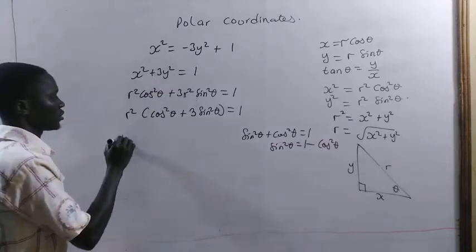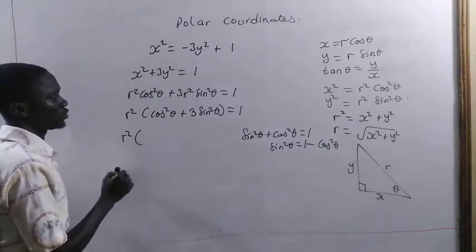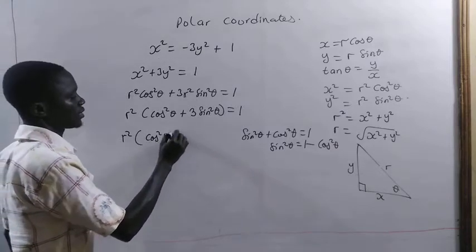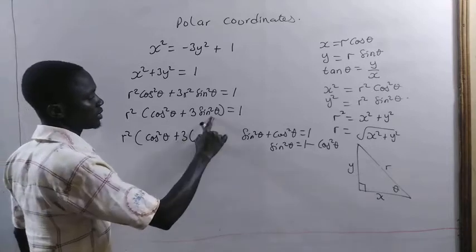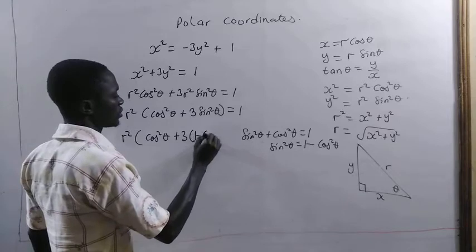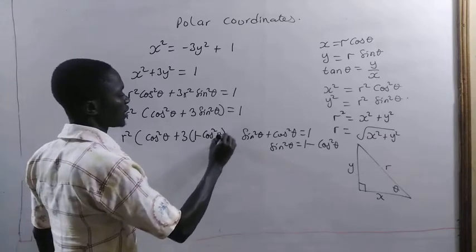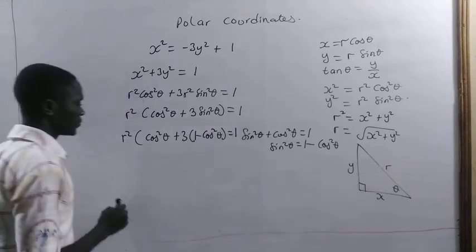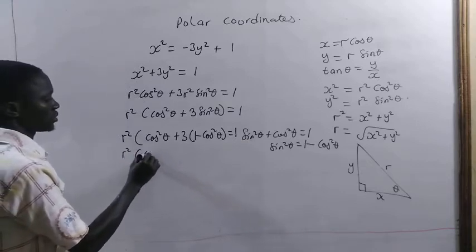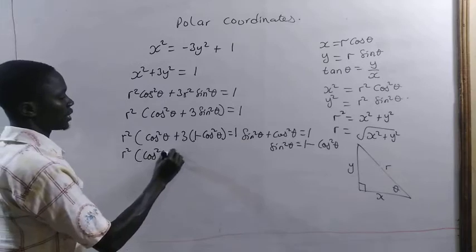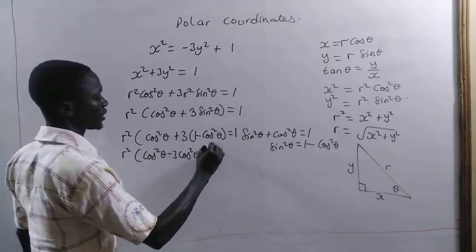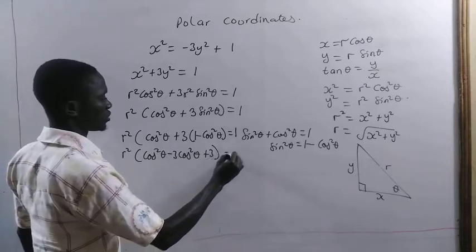So here, we're going to have r squared into brackets, cosine squared of theta plus 3 into brackets sine squared of theta, which is 1 minus cosine squared of theta, equal to 1. And this will give us r squared times cosine squared of theta minus 3 times cosine squared of theta plus 3, which is equal to 1.